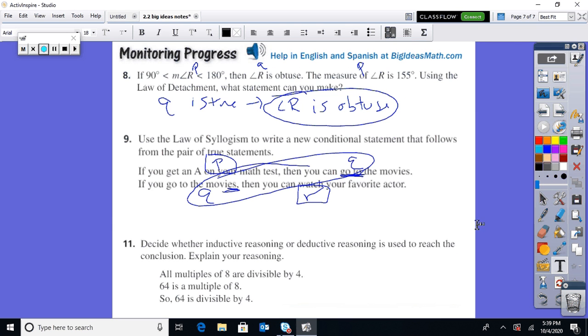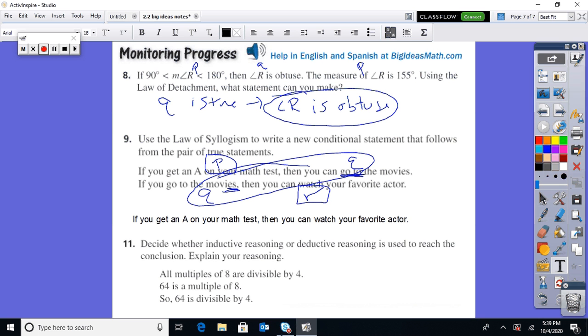So my conclusion in this case would be if you get an A on your math test, then you can watch your favorite actor. So you see how we matched up the initial hypothesis with the final conclusion.